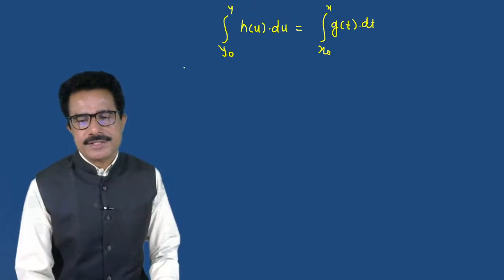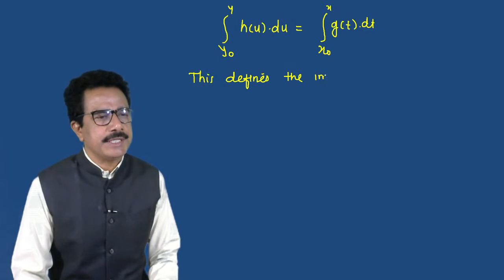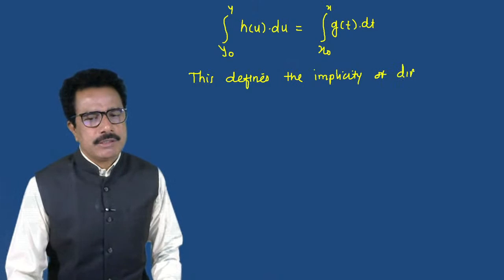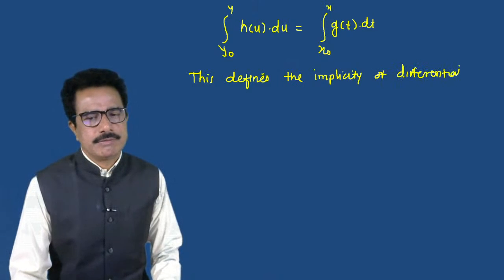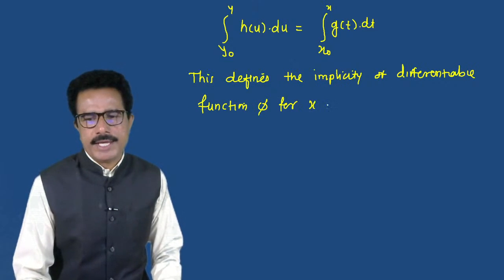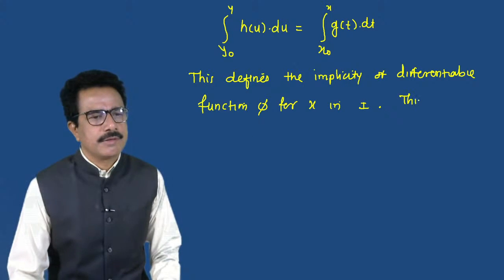and this defines implicitly, in variable separation form, a differentiable function phi of x in I. Therefore this function satisfies the relation. How can we write this function?